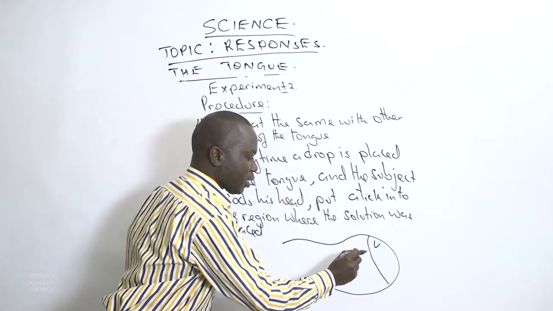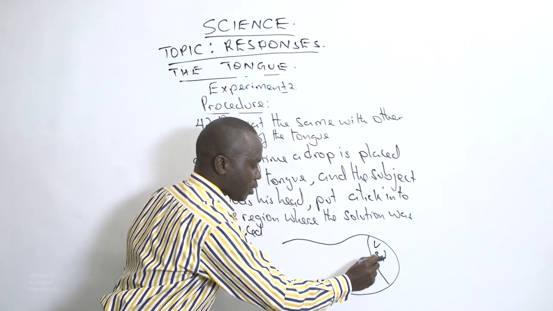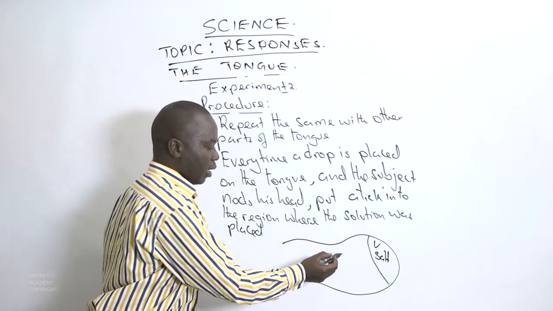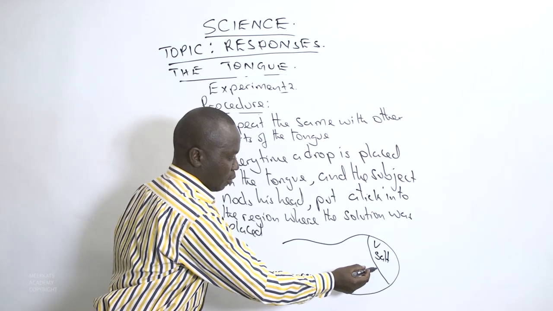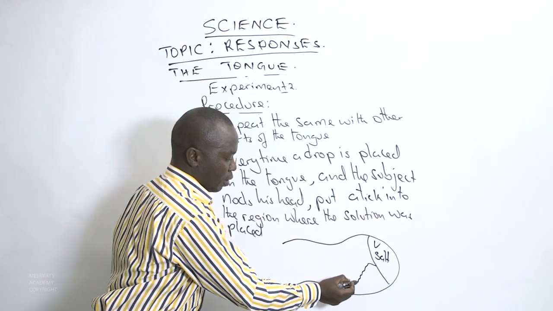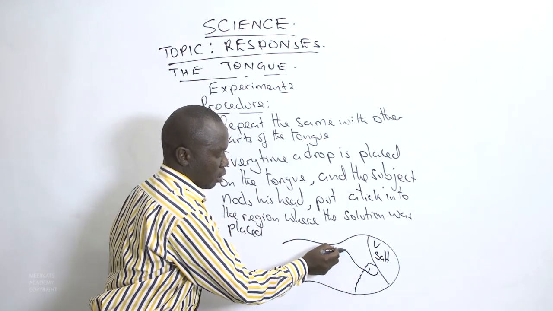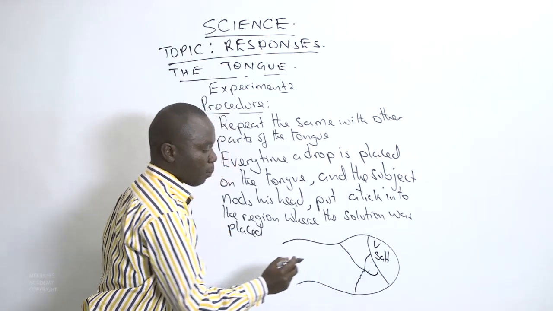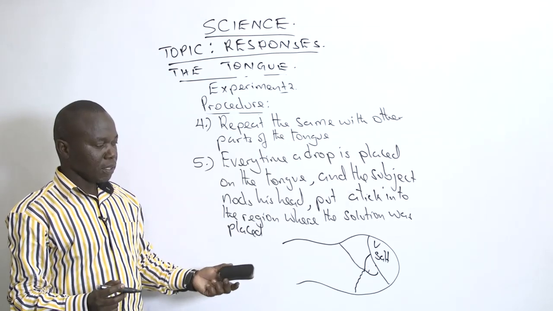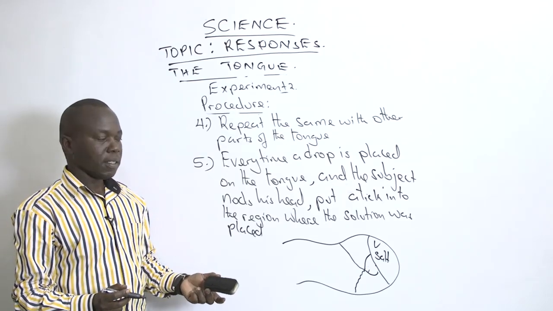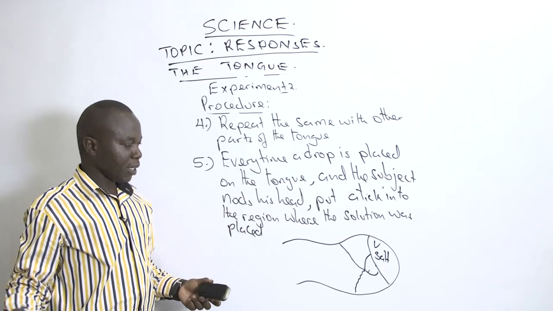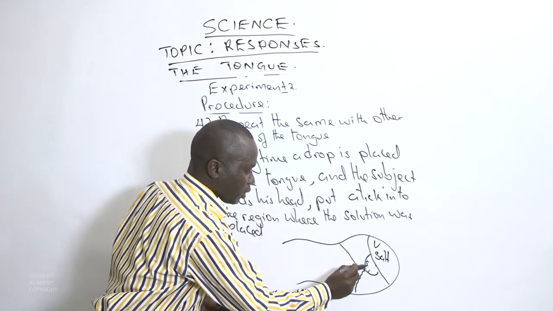So you can put a tick, or you can write on your paper salt. Then you'll move to another area, maybe that point. Then you drop again. He has nodded his head. But to you, you know, on a paper somewhere else, you'll say sweet.